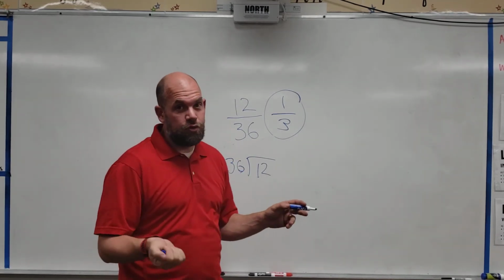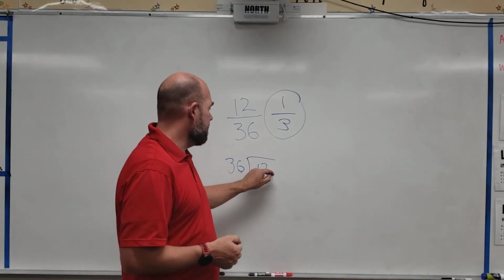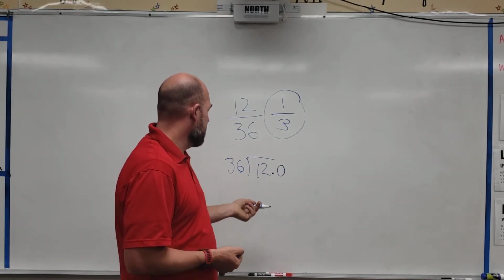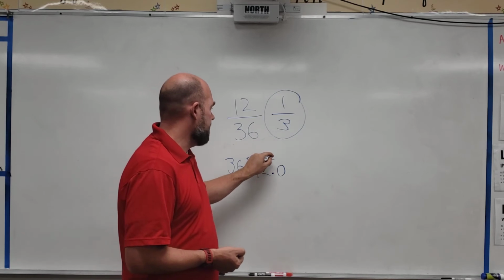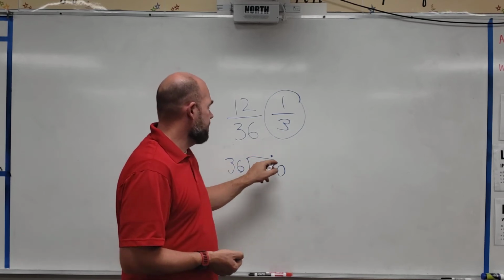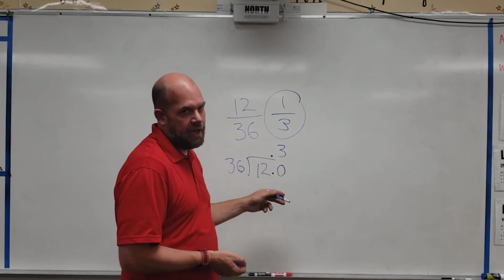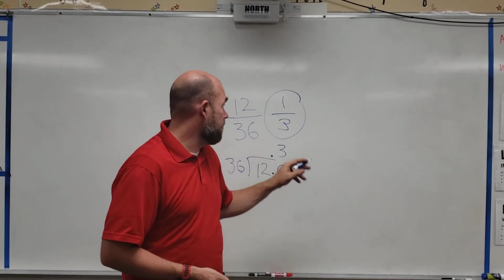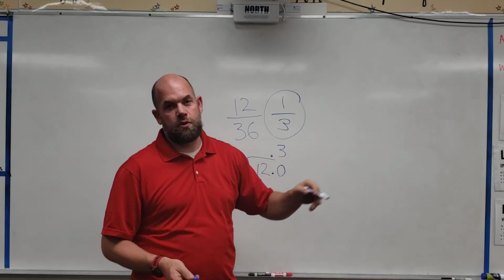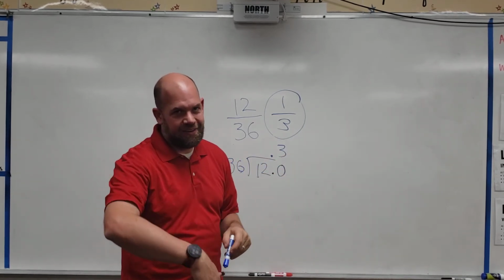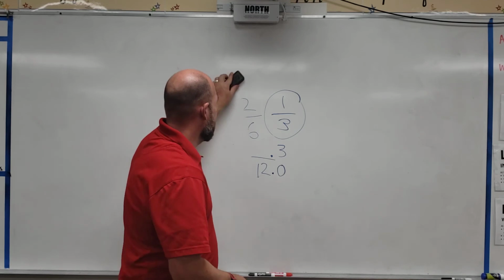The way that we'll do this later is we can do 12.0, and then we'll do it with a decimal. So 36 goes into 120 3 times, and we could draw that out. And 1/3 is going to be 0.333 repeating. So we'll get to that in a later lesson. Sorry for messing you up on that one.